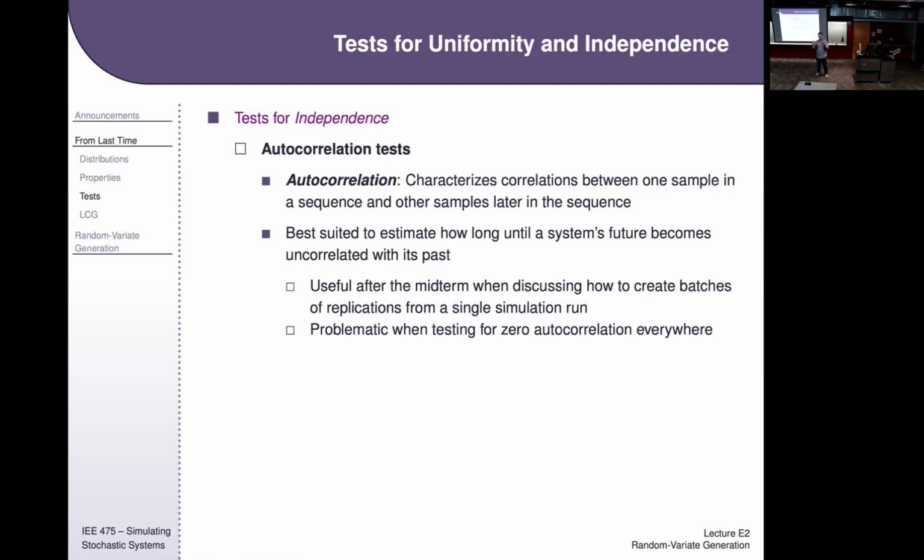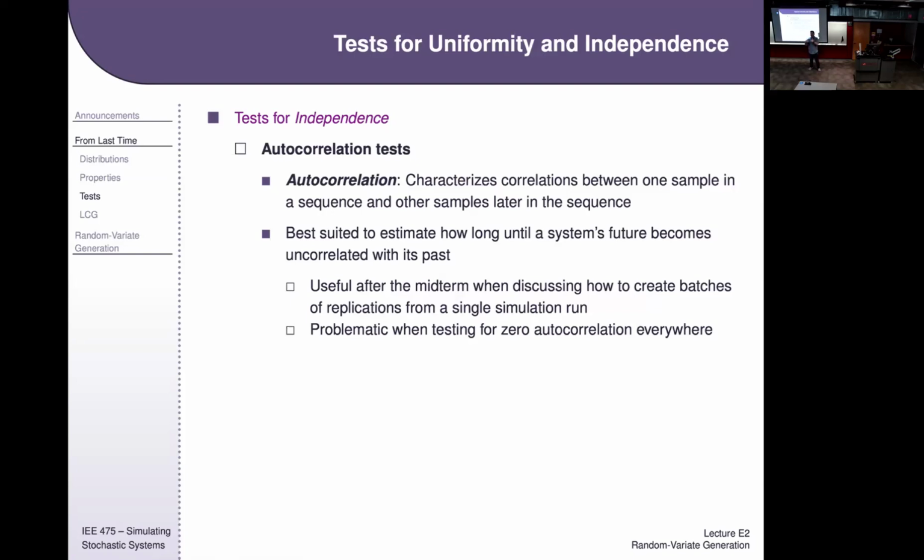So those are things you can do to look for autocorrelation, but these tests are more interesting from a data science perspective, to look for when things lose correlation in time series.